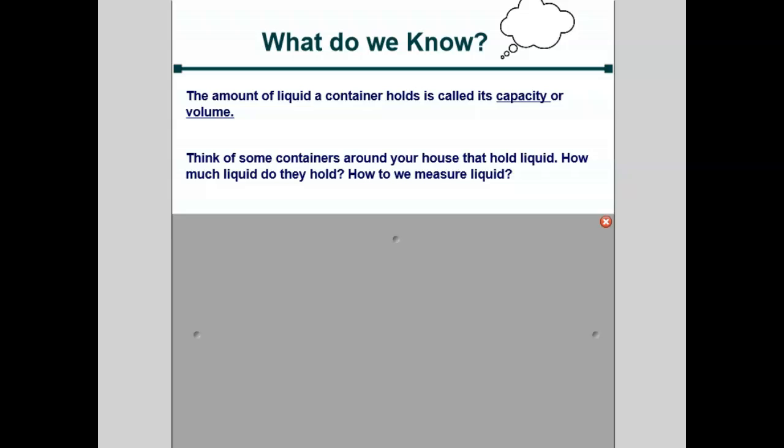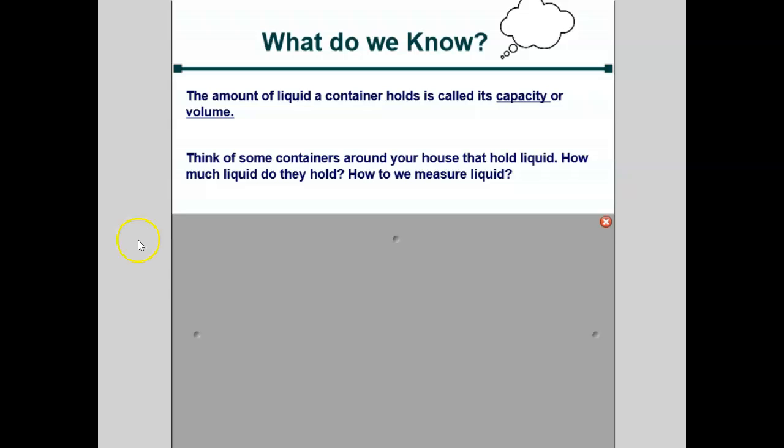And then I opened my fridge and I noticed that there were cartons of juice and milk that all hold liquid, and even sauces and yogurts. Yes, those containers all hold liquid. At the top of your scratch paper today, would you please write down that capacity is the amount of liquid a container can hold. That definition will be helpful for you today.